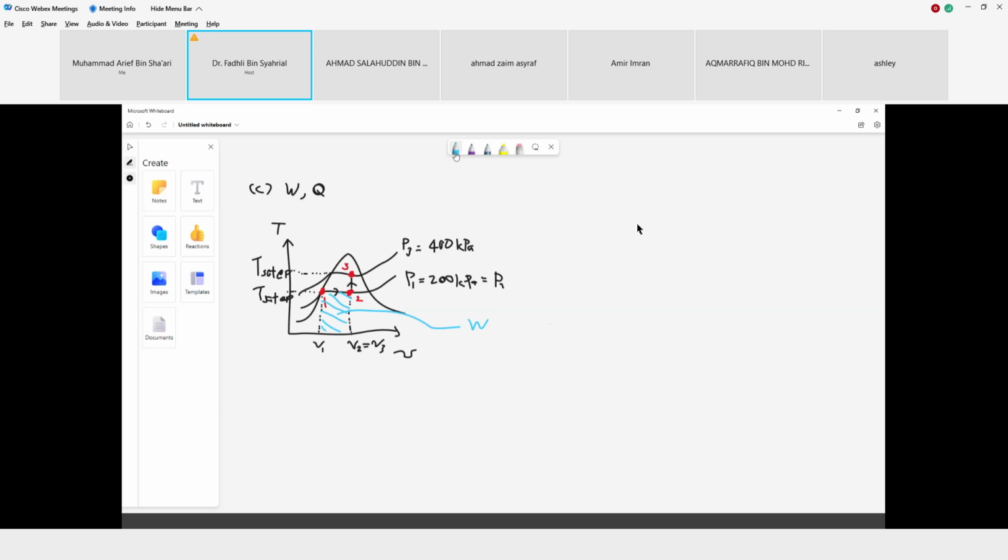For example, work done for process 1 to 2, and then plus boundary work for state number 2 to state number 3. W total.